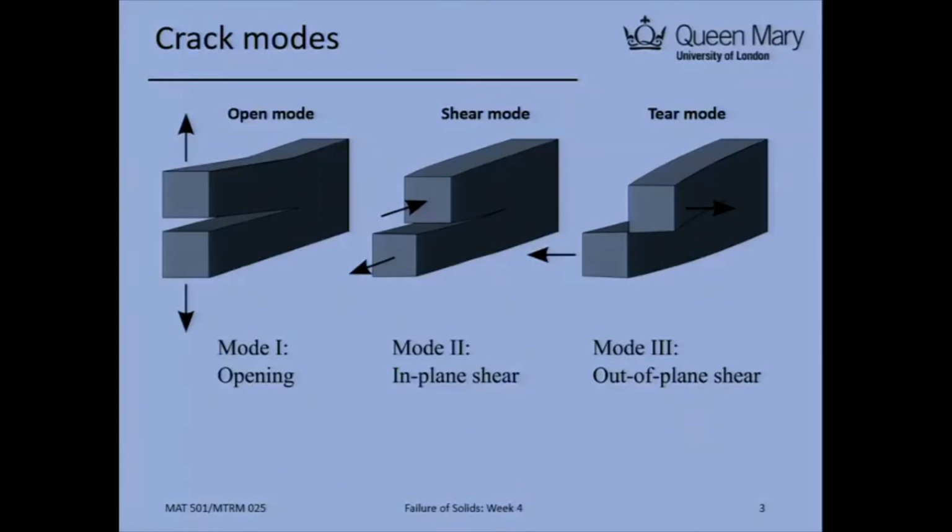It is basically loading uniaxially in the 2 direction, like a double cantilever beam. In mode 2, you apply a shear loading, so you open the crack in a shear mode. Mode 3 is out-of-plane shear, so you are tearing the crack, like tearing your paper. Mostly you do that if you don't like your material.